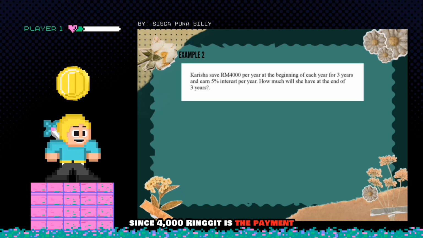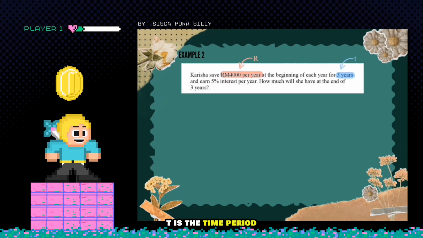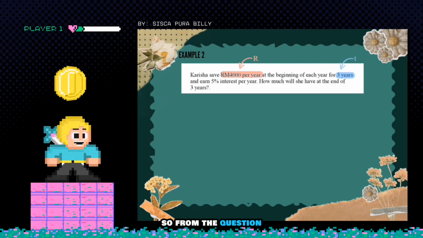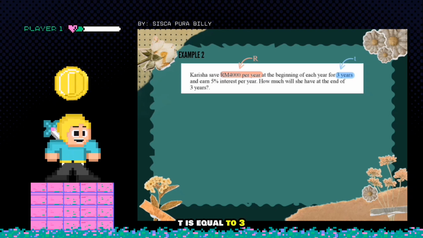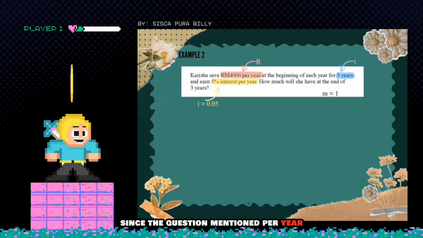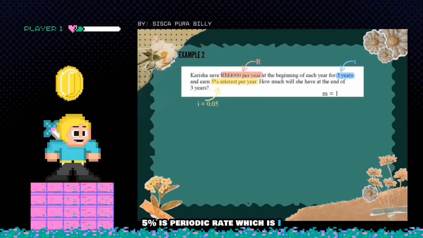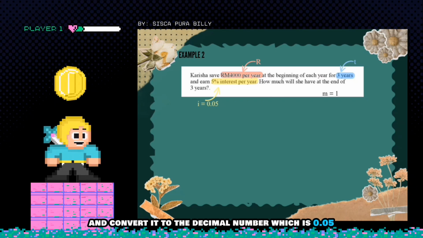Since 4,000 ringgit is the payment, it is our R value. As we know, T is the time period. So from the question, T is equal to 3. The compounding frequency M is 1 since the question mentioned per year. 5% is the periodic rate, which is I, and converting it to a decimal number, it is 0.05.